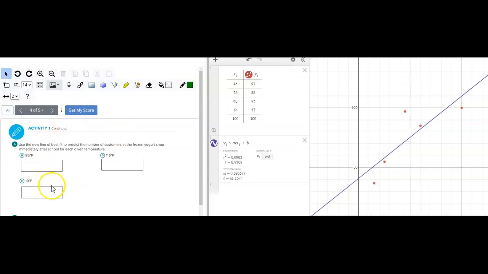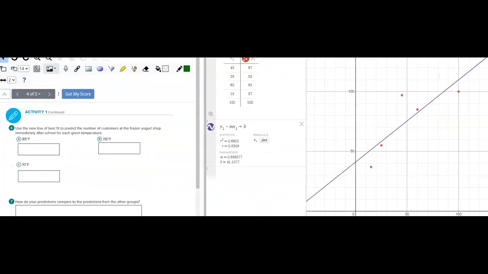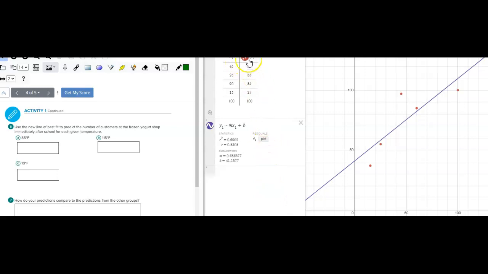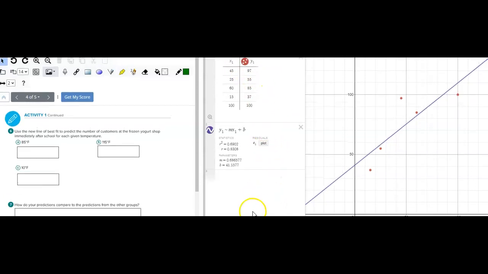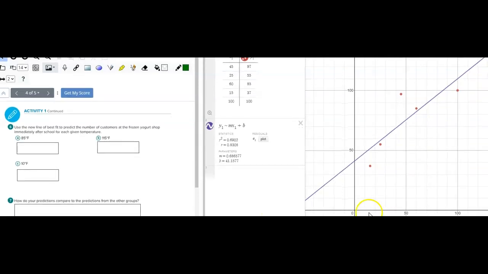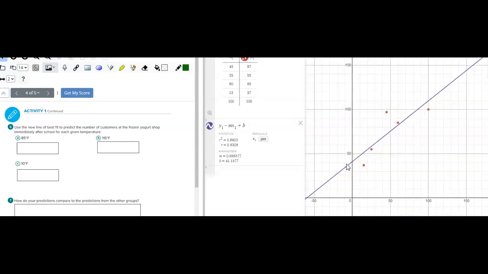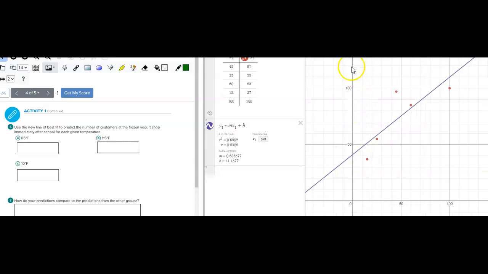Now these answers will be the same for everyone because we're all using the same line of best fit. So here's how you can find out these answers. Remember that here are the temperatures in Fahrenheit, and here along the y-axis are the number of customers, okay?